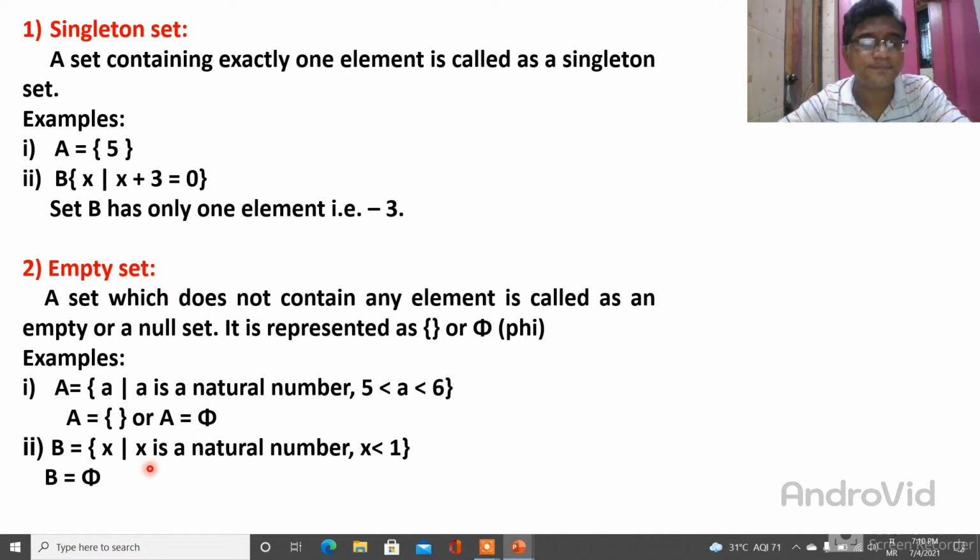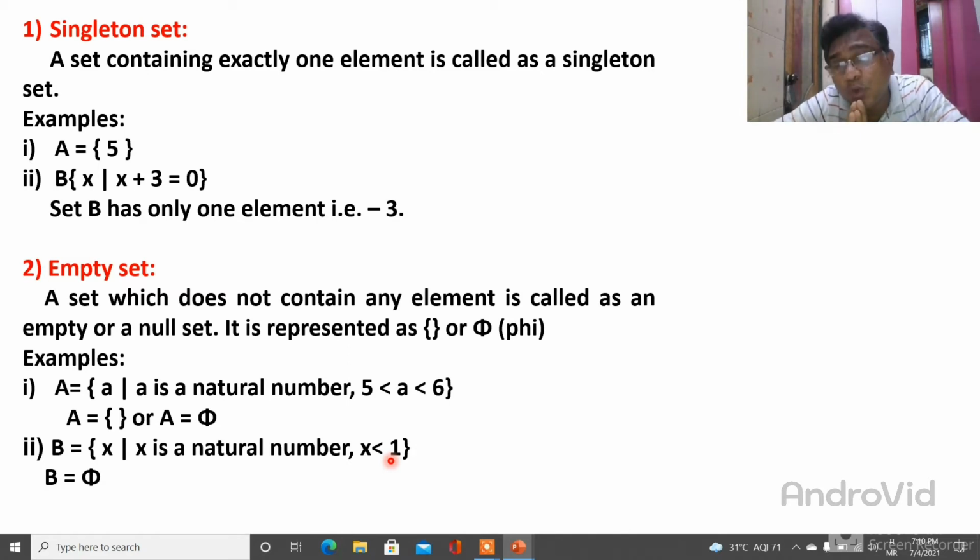Another example. B is the set of x such that x is a natural number and x is smaller than 1. Natural numbers start from 1.